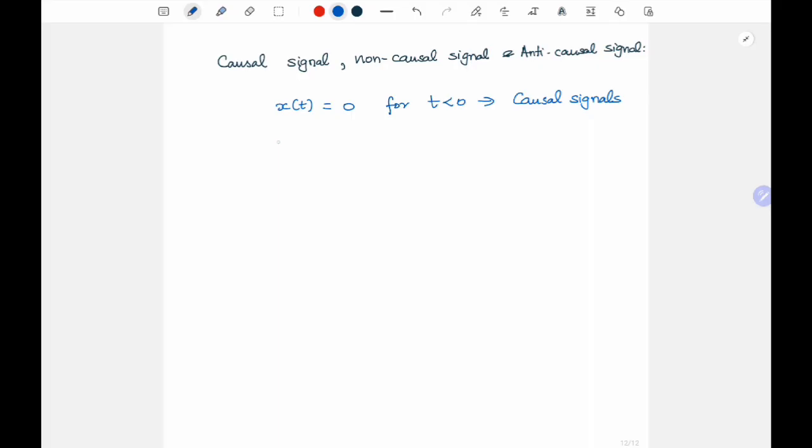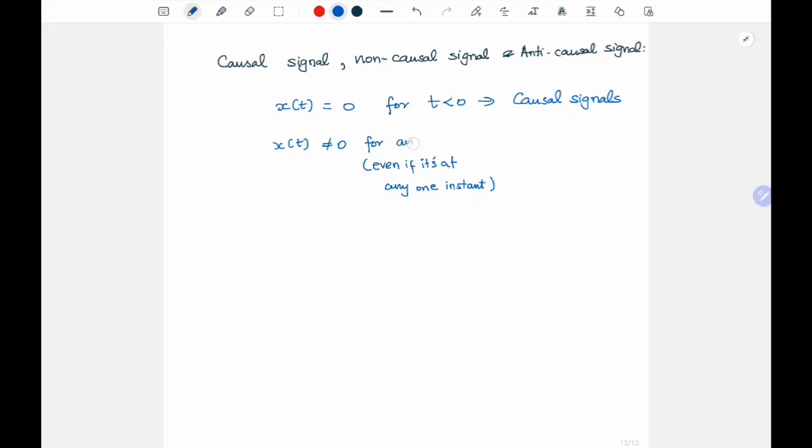And a non-causal signal is nothing but when x of t is not equal to 0 at even any one instant. Right?